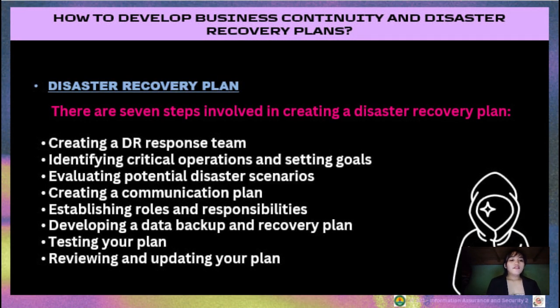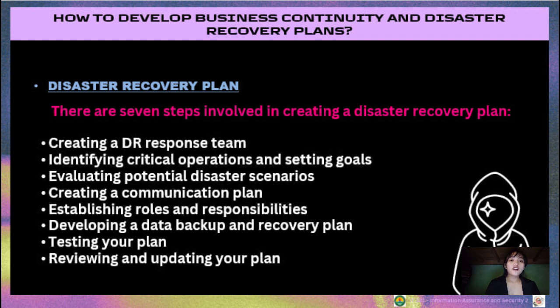Moving on, for disaster recovery plans, there are 7 steps involved in creating a disaster recovery plan. First one is creating a DR response team. Second one is identifying critical operations and setting goals. Third one is evaluating potential disaster scenarios.